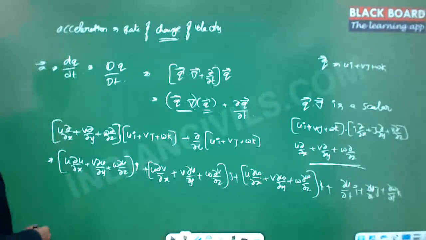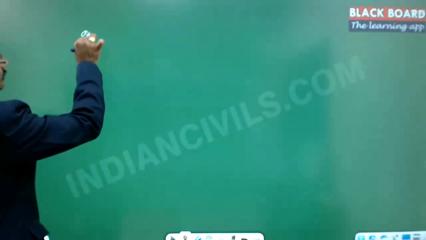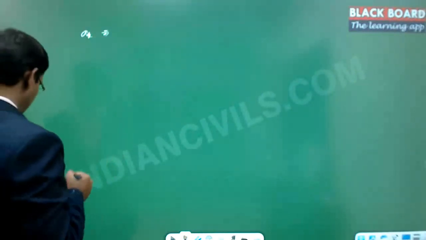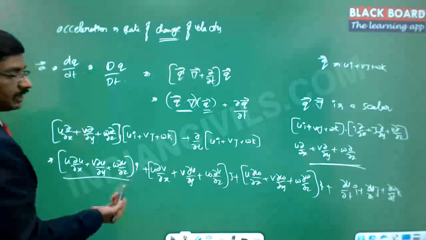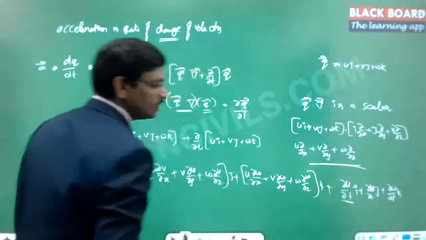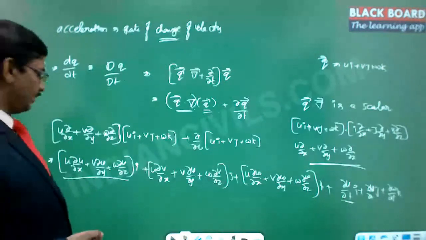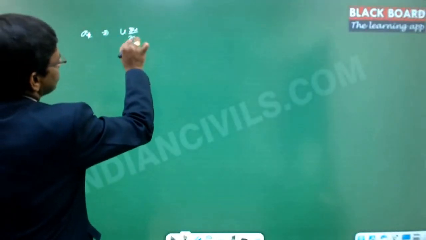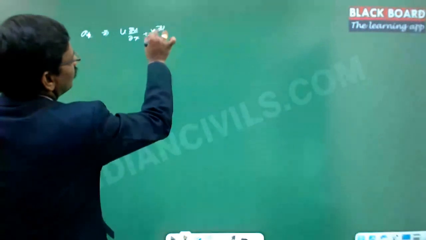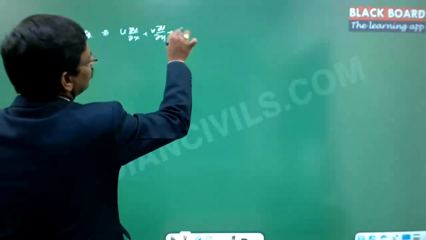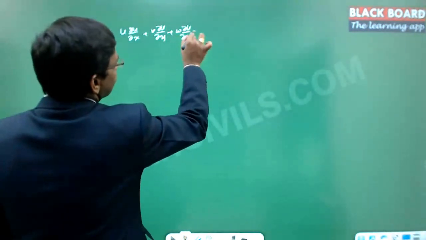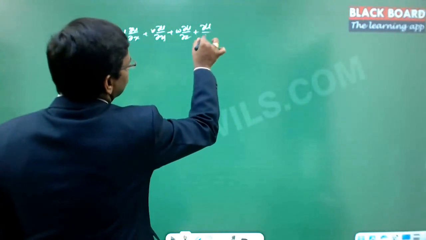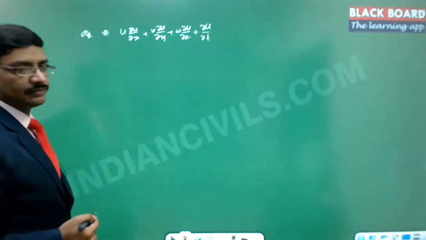Now out of this we will separate it out. The x component of the acceleration ax: the i terms together are part of the x component. That is u dou u by dou x plus v dou u by dou y plus w dou u by dou z plus dou u by dou t. This is the x component of the acceleration.